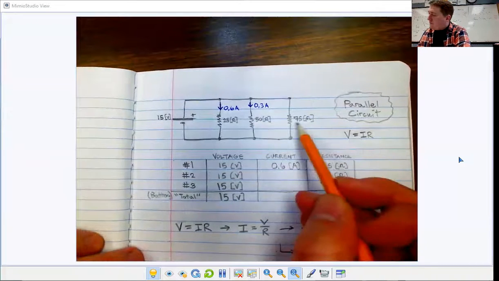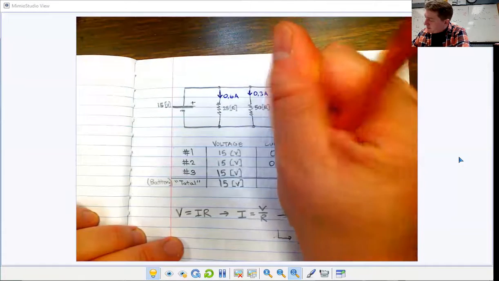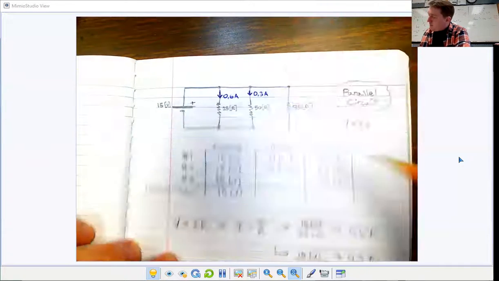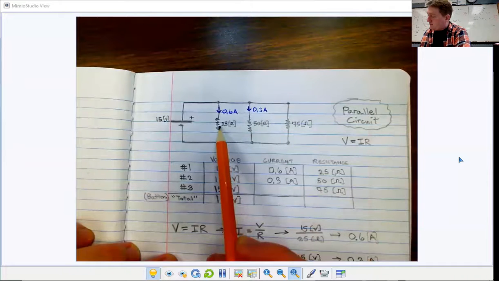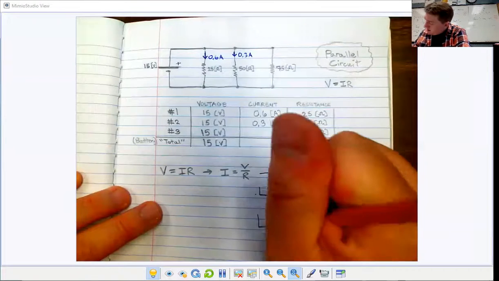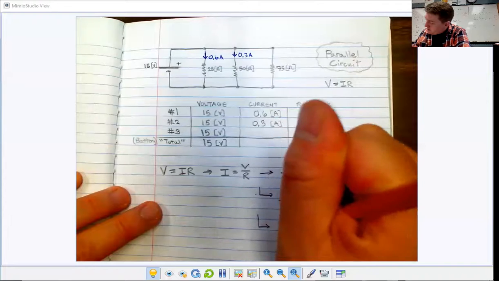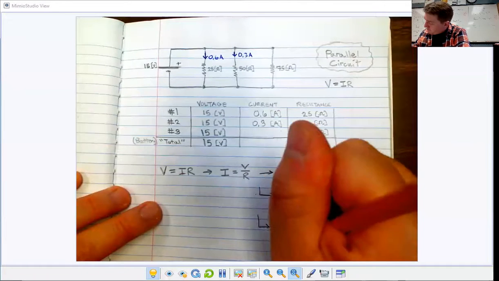And now I have my 75 ohm resistor. Here, let me complete my chart. Well, being that this one is going to be 3 times as much resistance as this path, it should be 0.2. Let's check the calculation to make sure. We have 15 volts divided by 75 ohms.